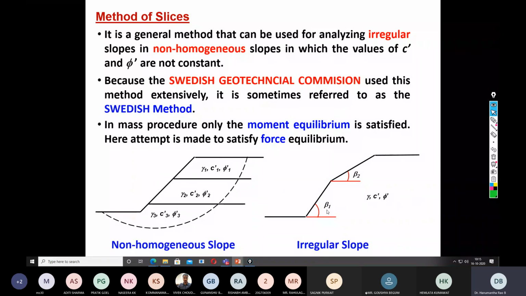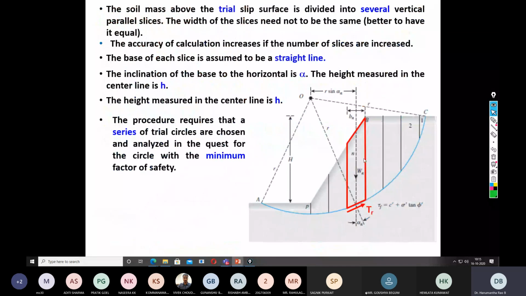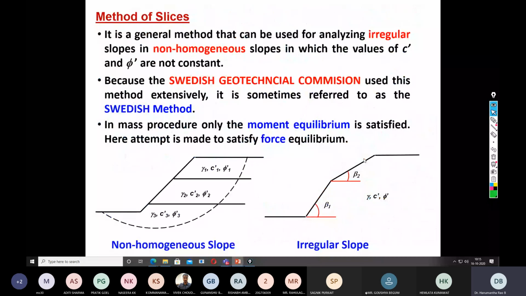Or the irregular slope, where the slope angles are different for different heights of the embankment or of the overall slope. In these cases, how do we determine the factor of safety? So here we take advantage of another method.